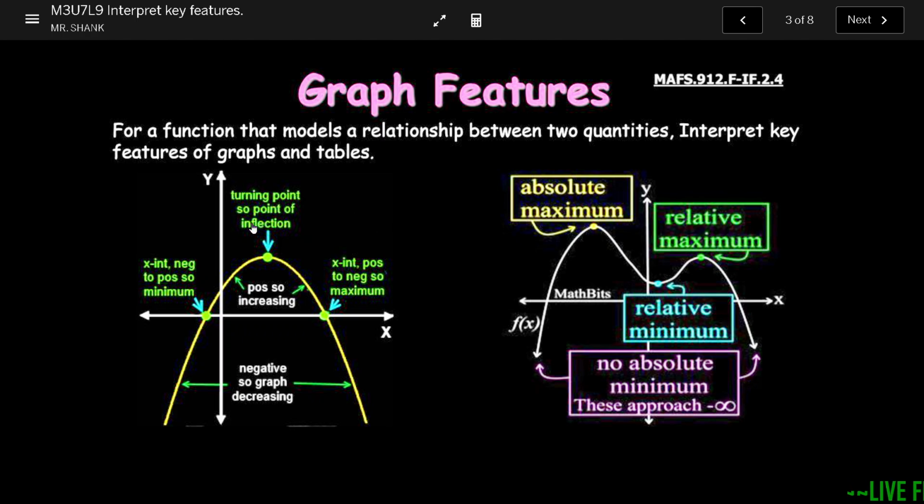With a polynomial function, we have multiple points of inflection, which are those turning points. We can talk about absolute min or relative min, but for the most part I'm going to pay attention to the degree, leading coefficient, and end behavior.